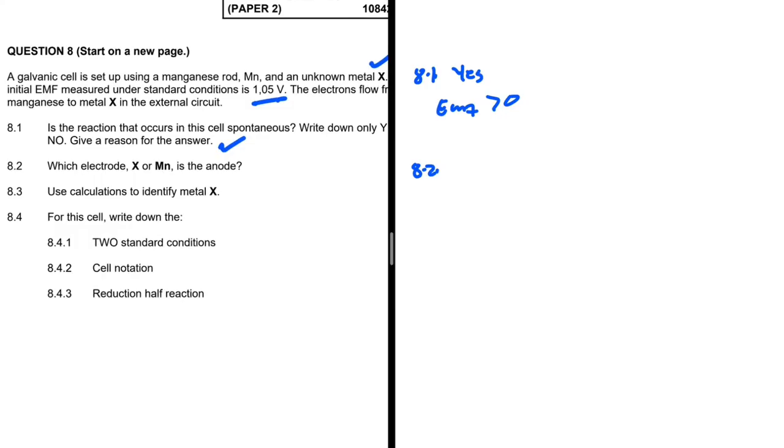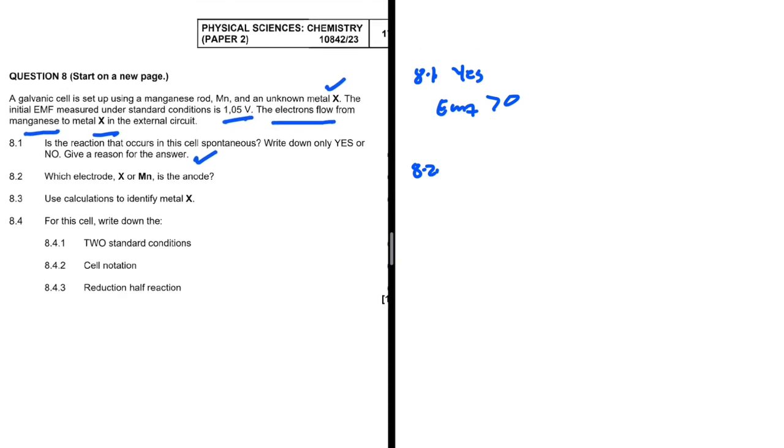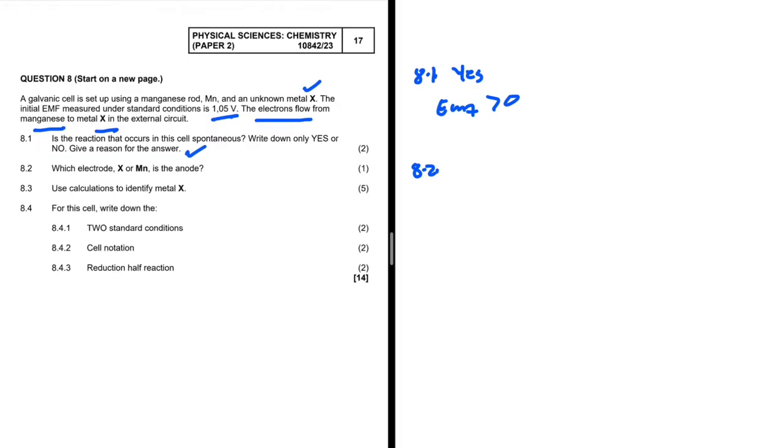Taking a look at 8.2, which electrode, X or Mn, is the anode? Okay, so the answer to this question is here in this statement. The electrons flow from the Mn to metal X in the external circuit. So we need to recall our basics with regards to a galvanic cell. The electrons flow from the anode to the cathode in the external circuit.